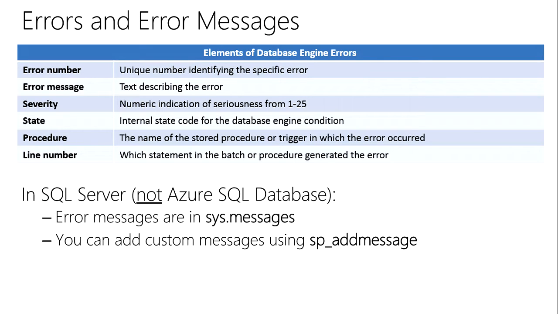But there are some other aspects of errors that are interesting. So we've got on the list here severity. So Jeff, tell me a little bit about that. Well, the low-level severities, we were saying, could just be a message. So we want to notify the client of something. And that's typically your low-level severities. So 1 to 10 are just informational messages. And then when we start to get to higher numbers, they become that there is actually a problem.